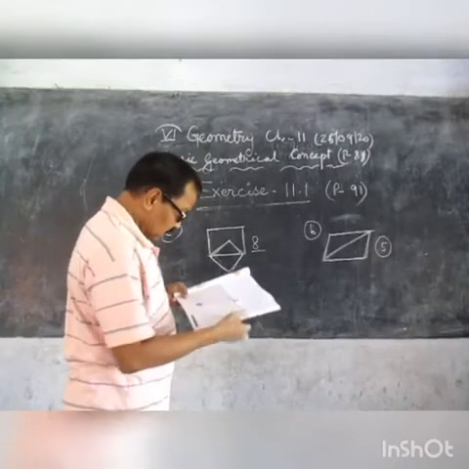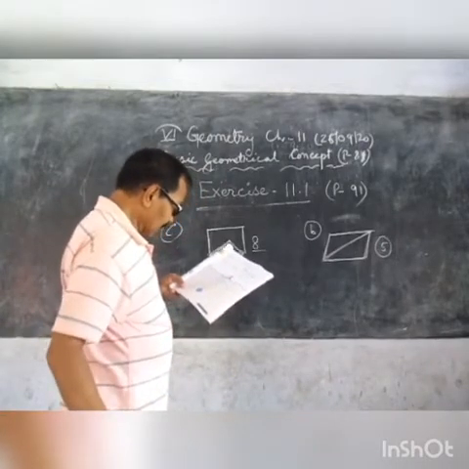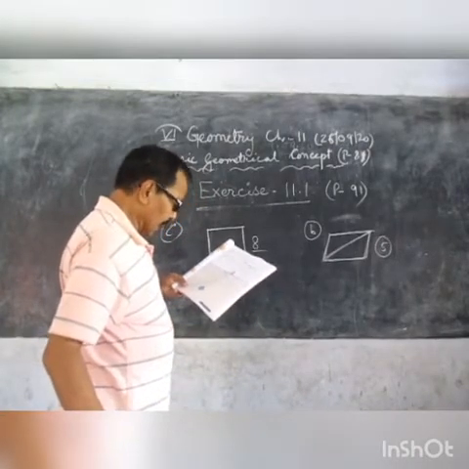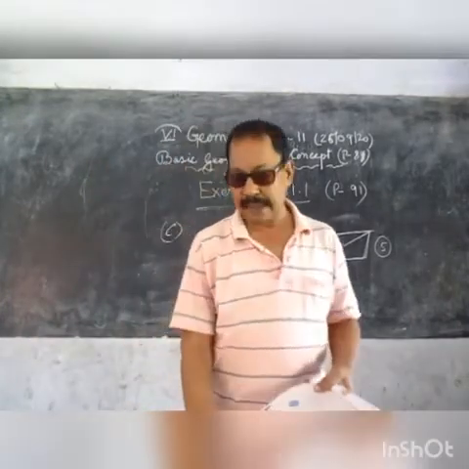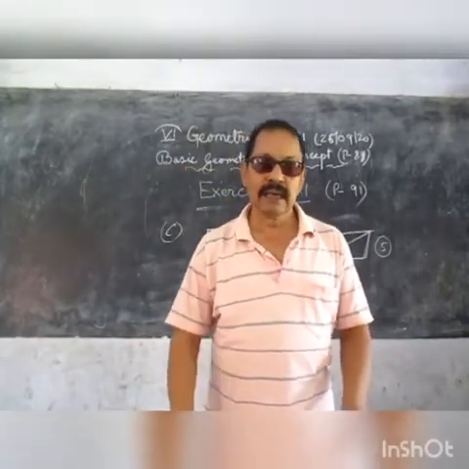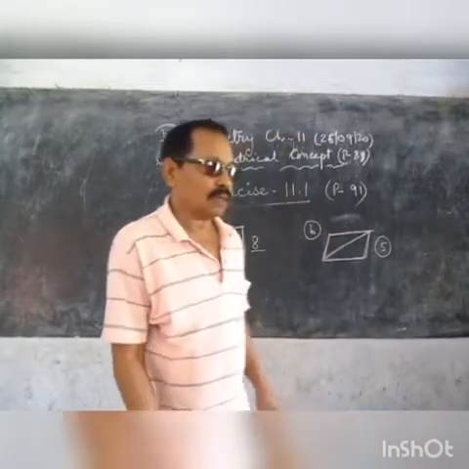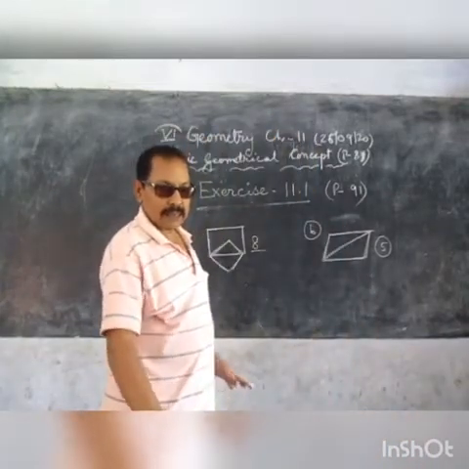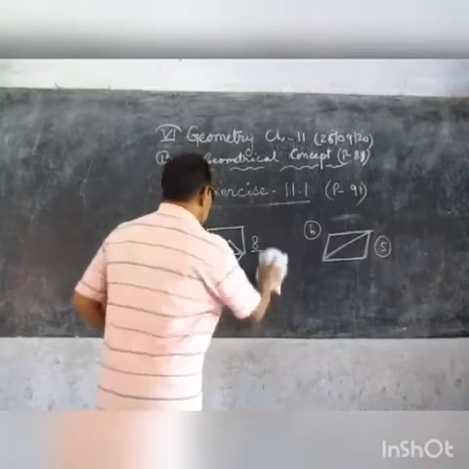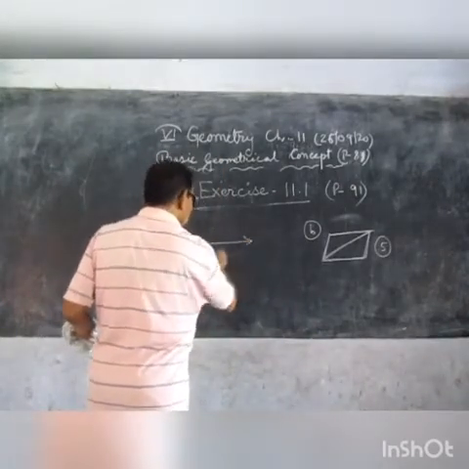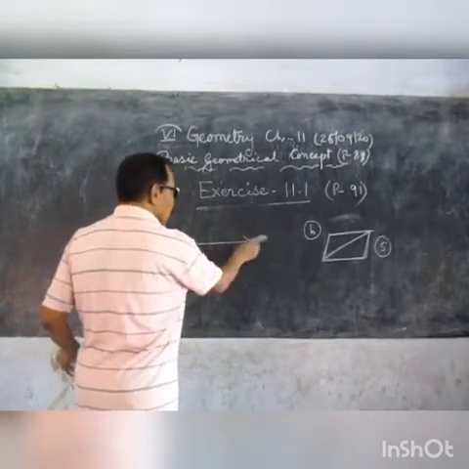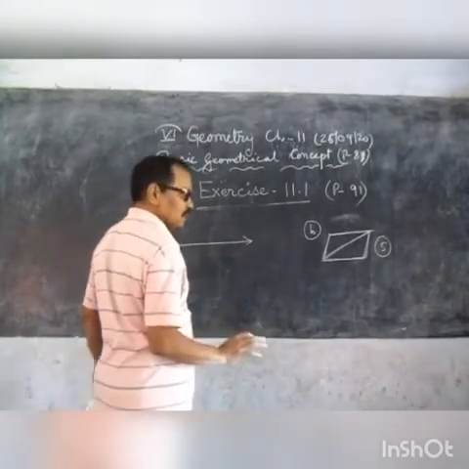Then, what is the difference between a line and a line segment? A line is a collection of points which can extend on both sides. A line has no end points.